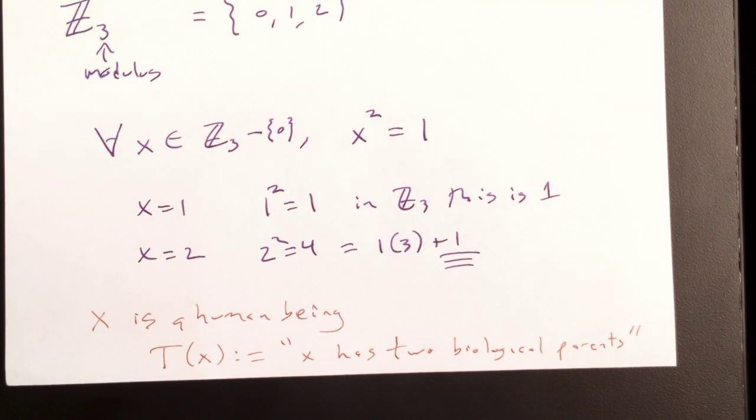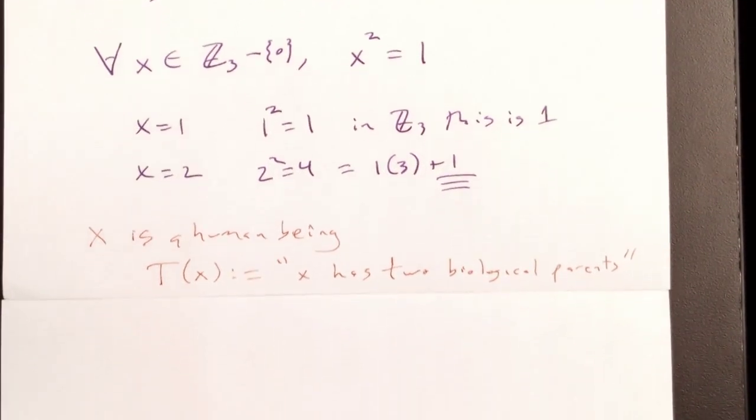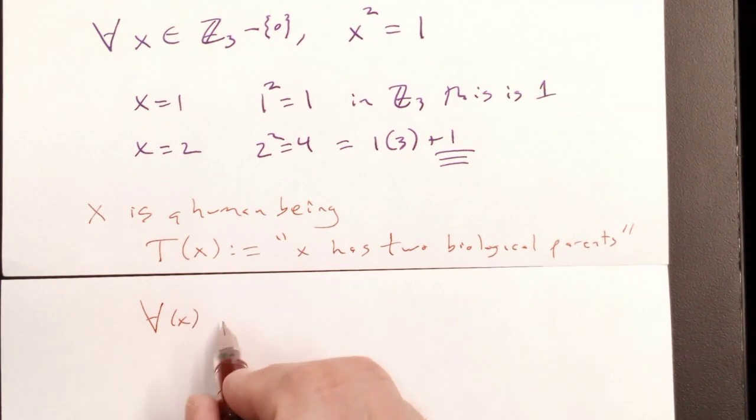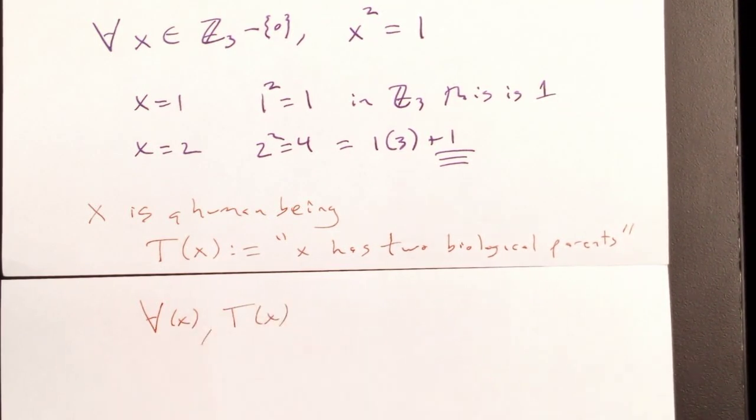X has 2 biological parents. Question. Is that sentence true or false? I said X is a human being right up there. I defined it in advance, so I didn't need to define it in a sentence. I already said I'm working in the universe of human beings.